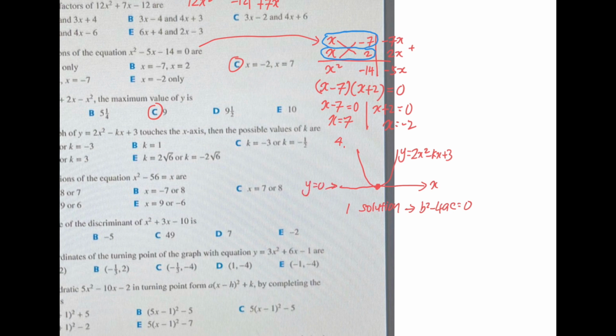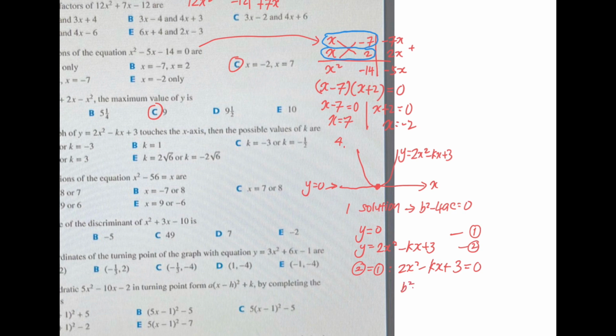The x-axis itself is y equal to 0. So we can basically do simultaneous equation between these two. So y equal to 0, y equal to 2x squared minus kx plus 3. Equation 1, equation 2, so 2 equal to 1, then we get 2x squared minus kx plus 3 equal to 0.